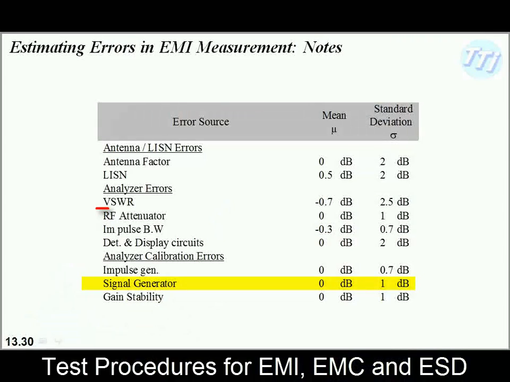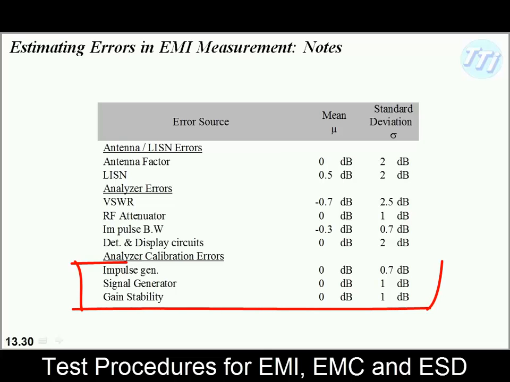So therefore, the uncertainty is based strictly on the spectrum analyzer. What's this one here? VSWR. Actually, you could look here. There's a lot of different errors you might have to consider with that situation. Analyzer calibration errors are a part of the impulse, signal generator, and gain stability. So you've got all these errors that you're involved with. By the way, you notice something about the levels.